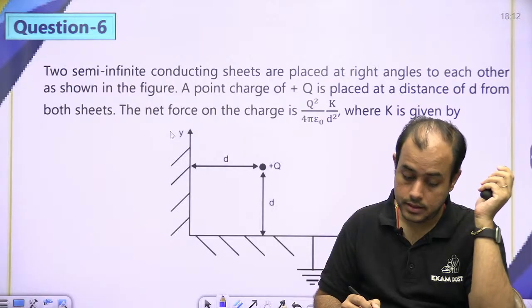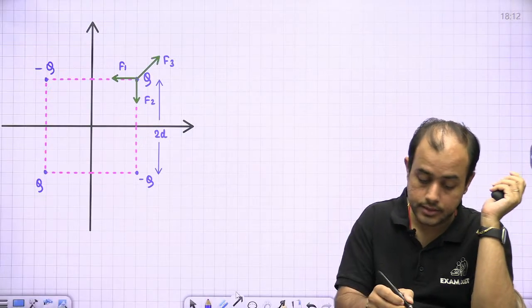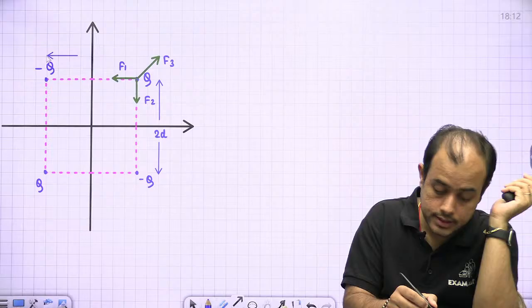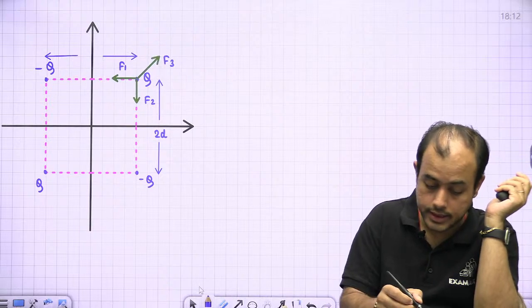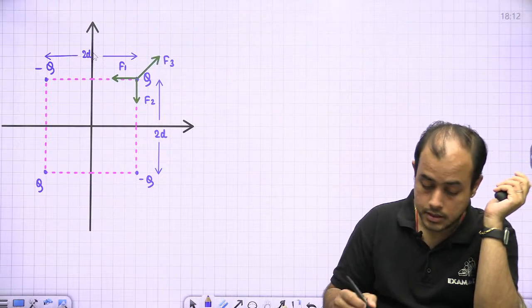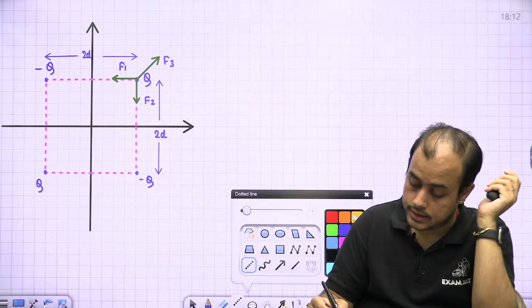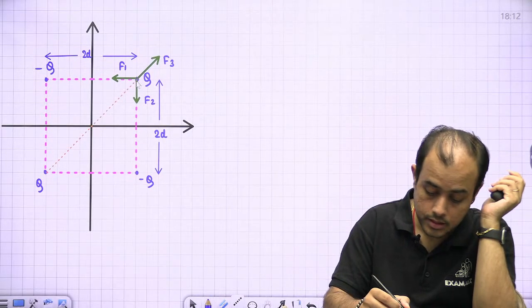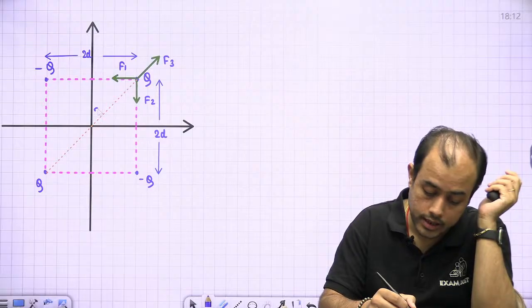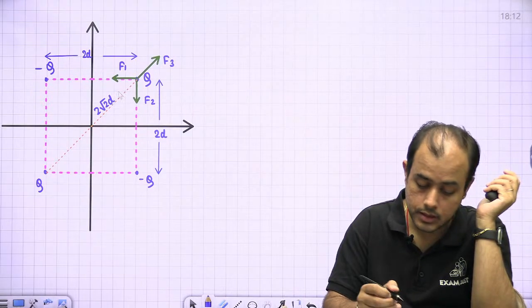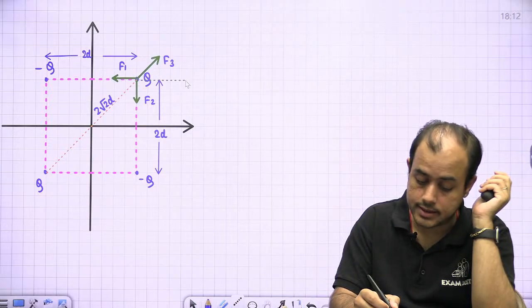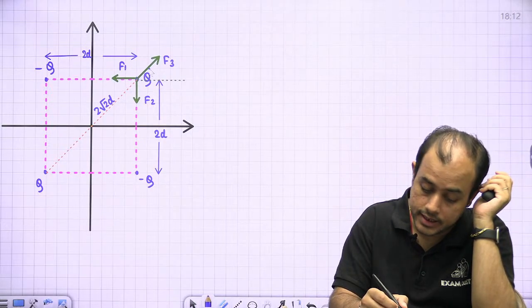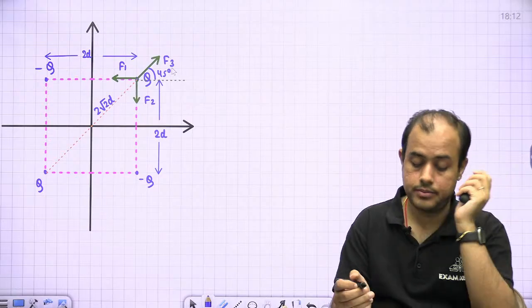Okay. It is at D distance, right? What is this distance? This is again 2D. What about this distance? It is the diagonal of a square, 2 root 2D. Okay. What about the angle which it makes? The angle that it makes is 45 degree.